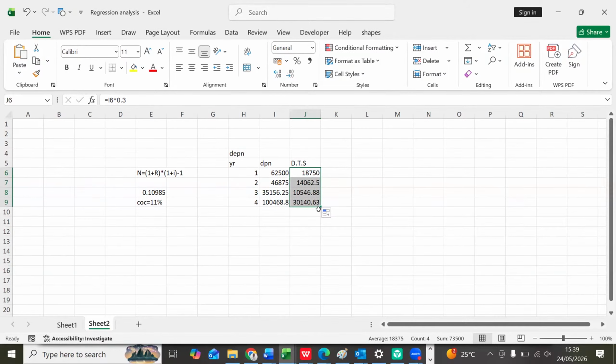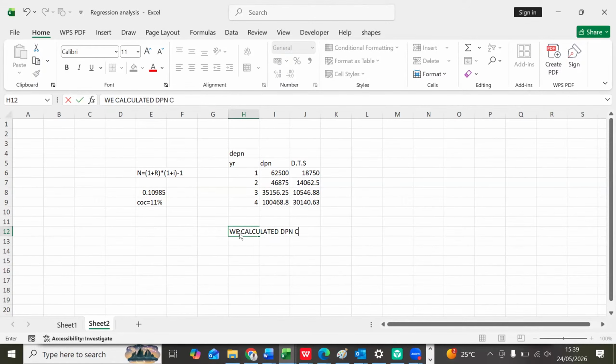And remember, why have we calculated depreciation tax shield? First of all, we calculated depreciation because tax is given. When tax is not given, depreciation is irrelevant.